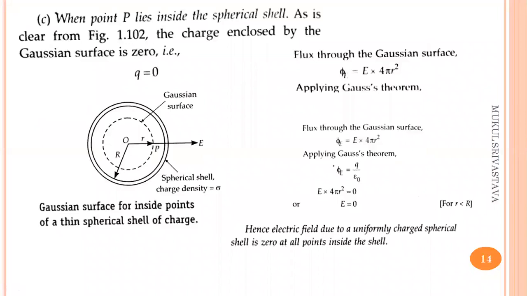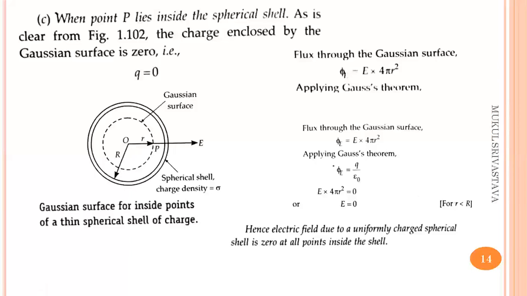Now we are going to discuss the third case, when P lies inside the spherical shell. In that case, as per the Gaussian theorem, phi equals 4 pi r square into E. Again applying Gauss theorem, phi equals Q upon epsilon naught, so E 4 pi r square equals Q upon epsilon naught.